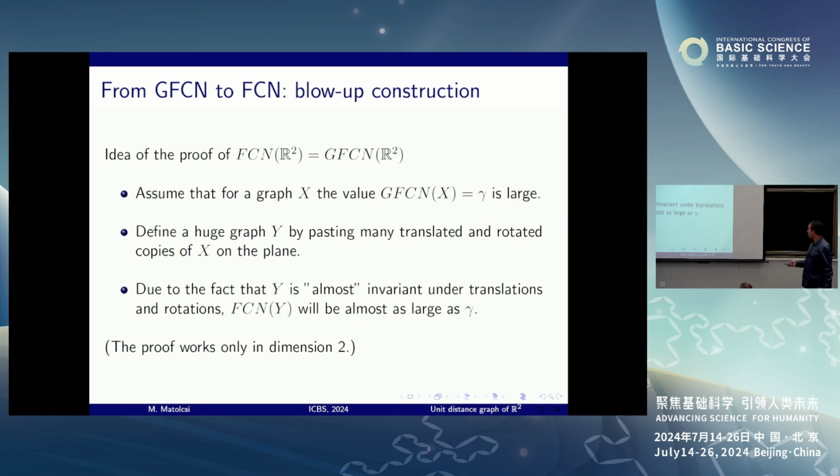And the curiosity that I mentioned is that this proof only works in 2 dimensions, because the group of 2-dimensional Euclidean isometries has this nice amenability property, which in higher dimensions doesn't happen anymore. Namely, in the argument, I said it will be almost translation invariant, and I argued that something might fall off at the edge, but not much.